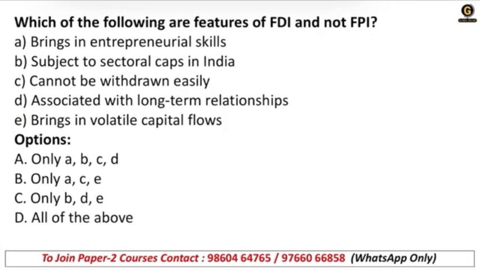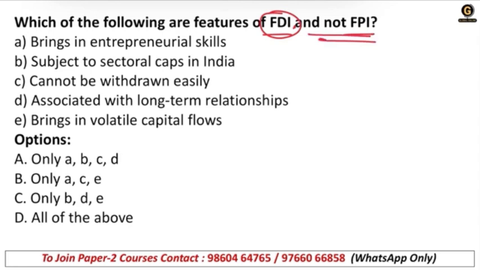Next, which of the following are features of FDI and not FPI? Right? This is kind of a confusing question. If it is the features of FDI, why have they asked not FPI? They could have said, which of the following are features of FDI only, and then full stop.